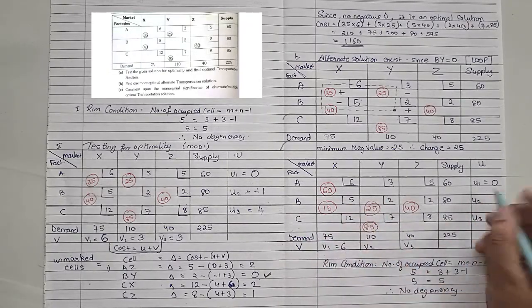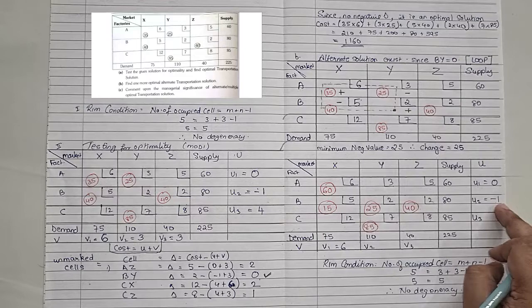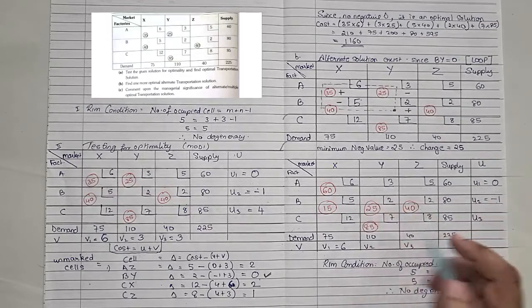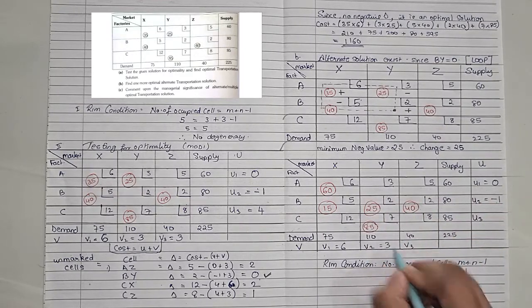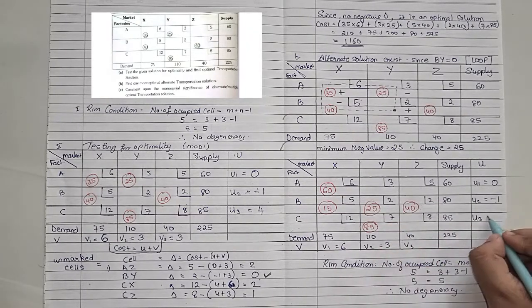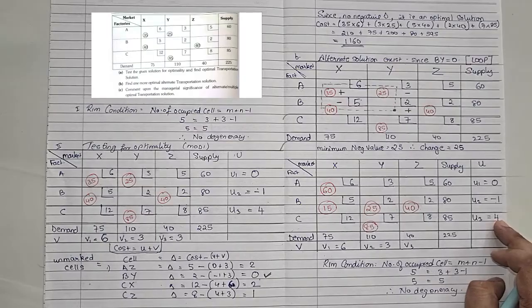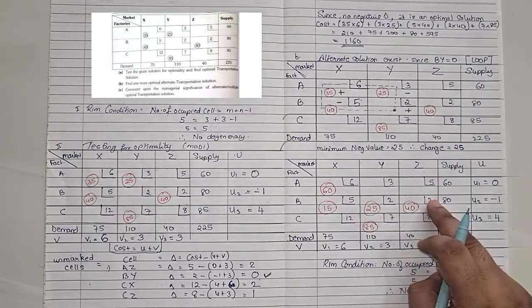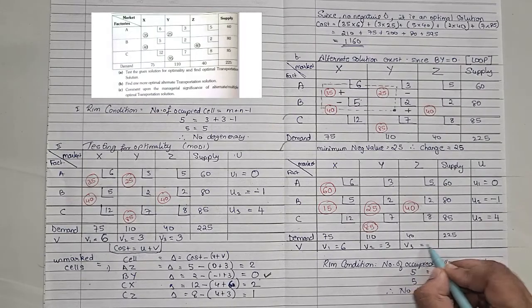So 5 minus 6 is negative 1. With the help of that I can find V2, so it will be 2 minus negative 1, which is 3. With the help of this I can find U3, so 7 minus 3 is 4. With the help of negative U2 I can find V3, so 2 minus negative 1 is again 3.